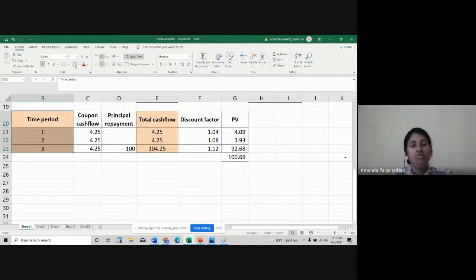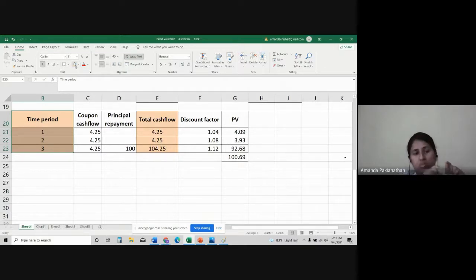Now here, if you can tackle it on your own and if you're quick in your calculations, you can use this. Very first step is to get all cash flows relevant for the time period.